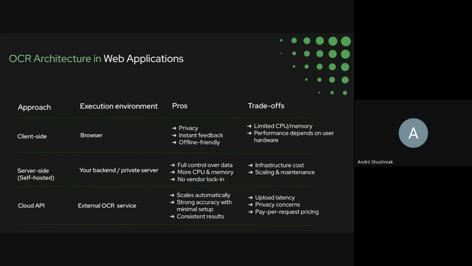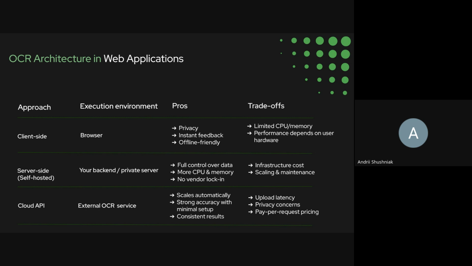The biggest advantage of it is that it's relatively lightweight. It's quick, so you get almost instant feedback, and it works offline. You can scan images even without an internet connection.